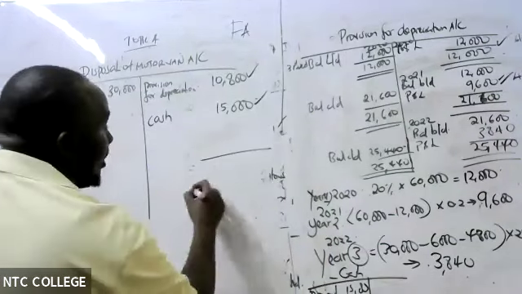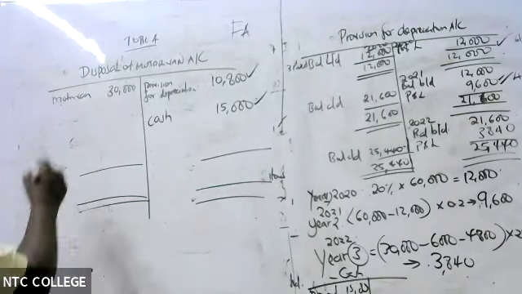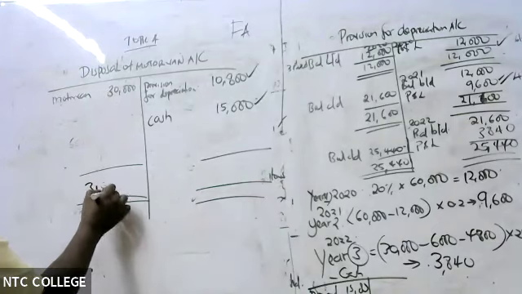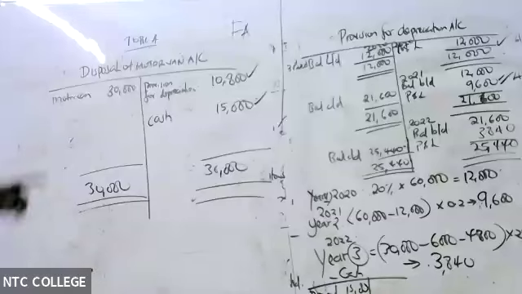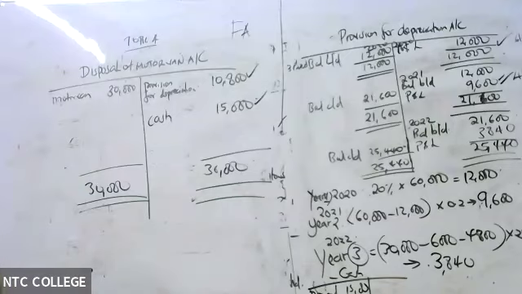There's a balance carried down here. Tukiangalia, what is the balancing figure? Sasa gani ni kubwa? 30 ndio kubwa. So what is the difference altogether? We have a difference of 4,200.